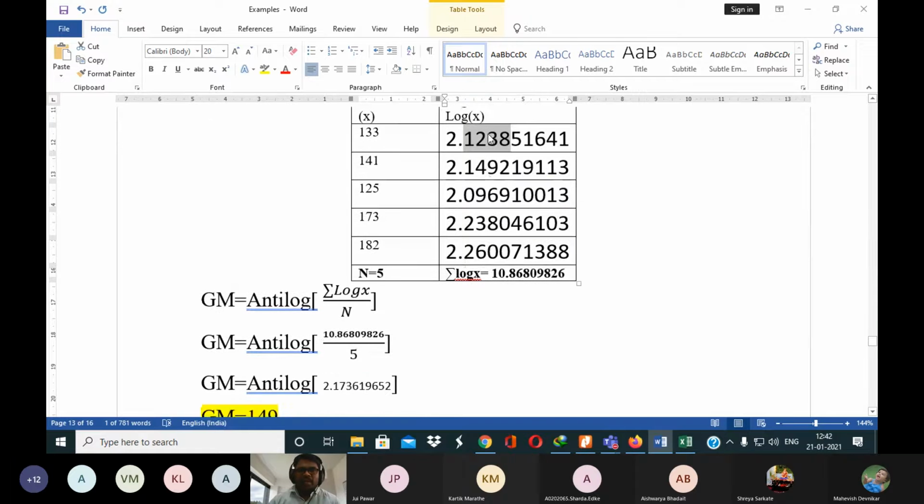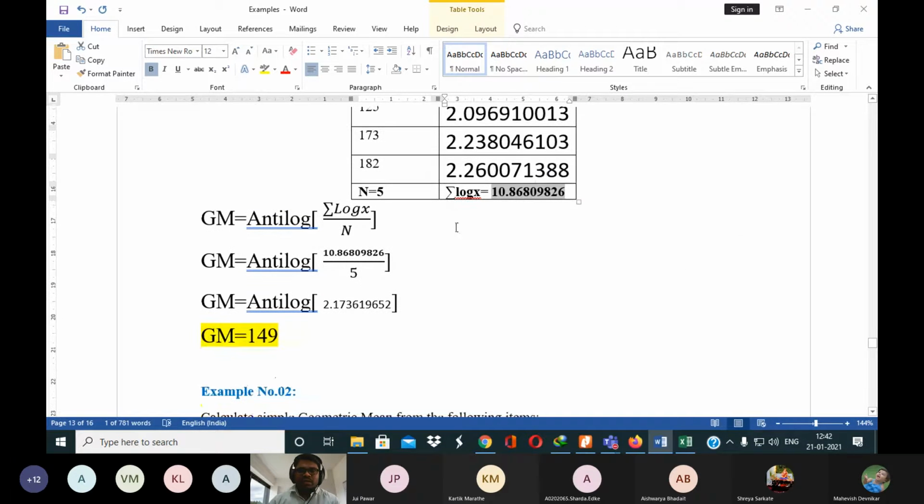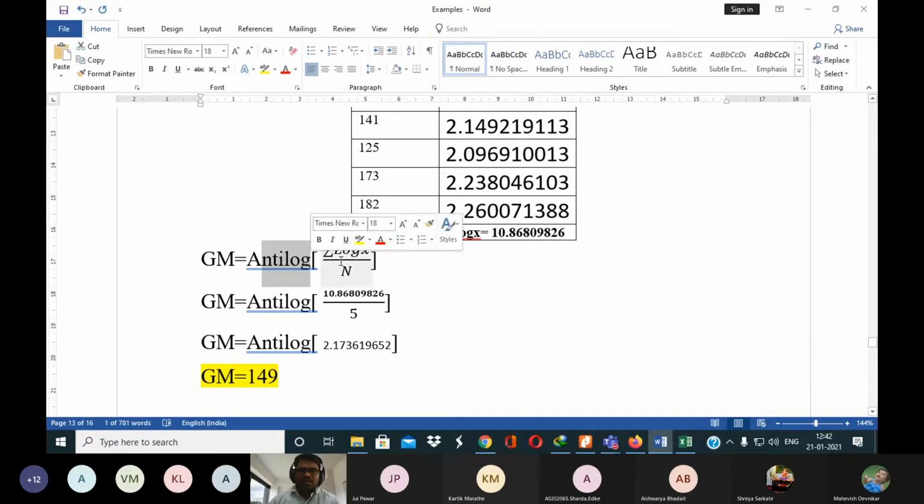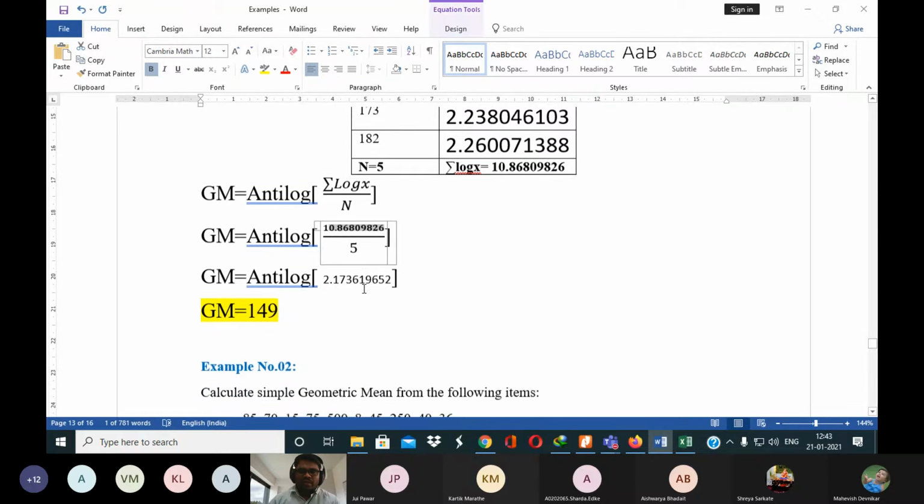Then we have to make the summation of all the log of x, which will be near about 10.8680. That value will be put into the formula. The formula of the geometric mean in the discrete series is the anti-log of the summation of log of x divided by n. So the summation of log of x is 10.8680 divided by 5.